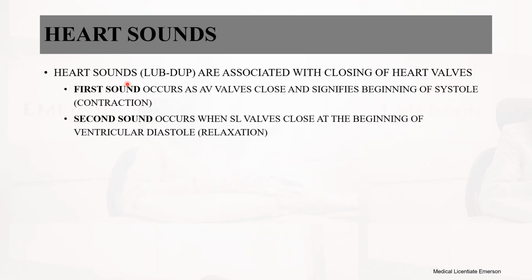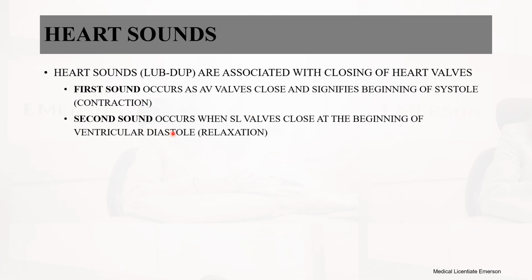Then the heart sounds. The normal sounds, lub-dub, are associated with the closing of the heart valves. The first sound, the lub, occurs as the atrioventricular valves close and signifies the beginning of systole, which is contraction.